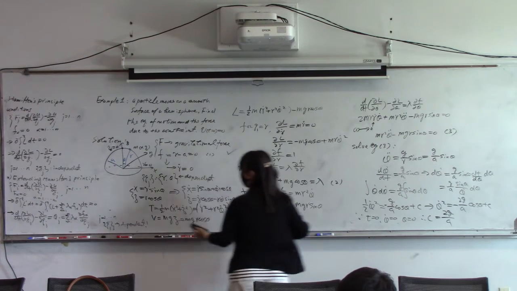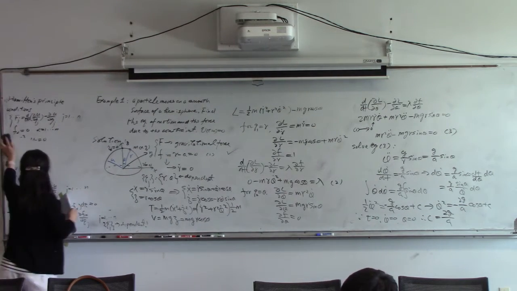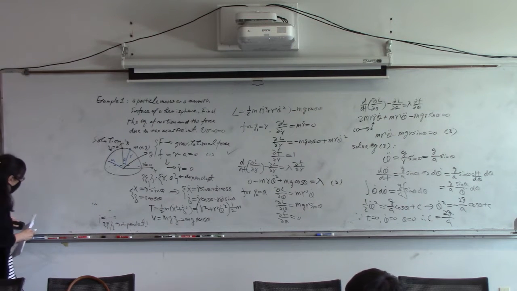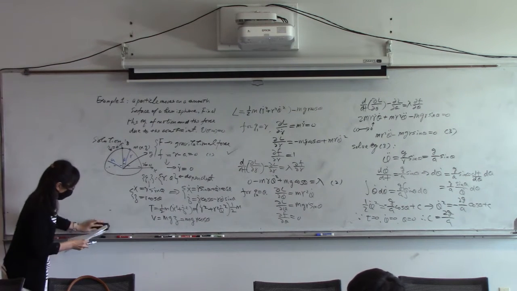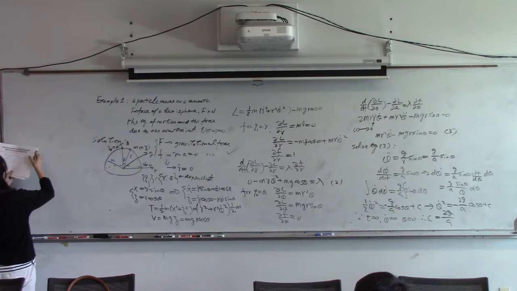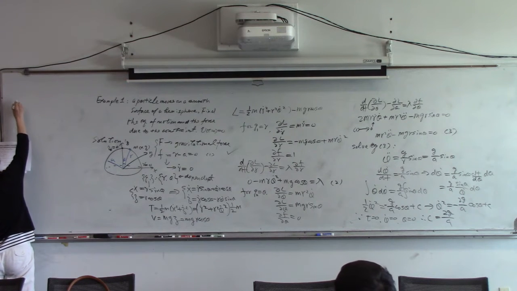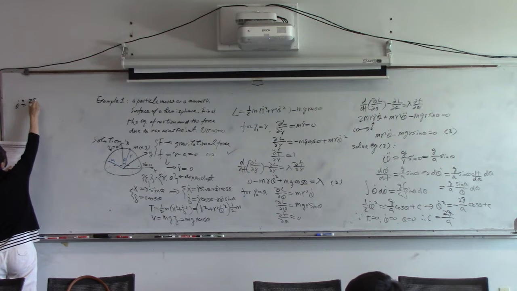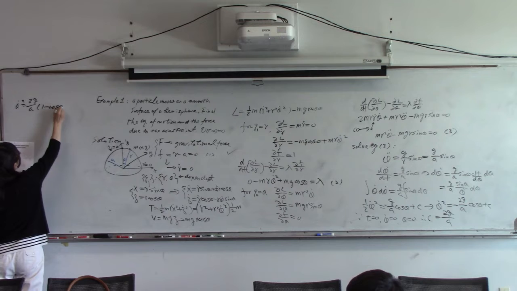Then we have the formula for theta dot square. So finally, we have theta dot. Let me just write it down. Theta dot square is C, which is 2g over a, times 1 minus cosine theta.